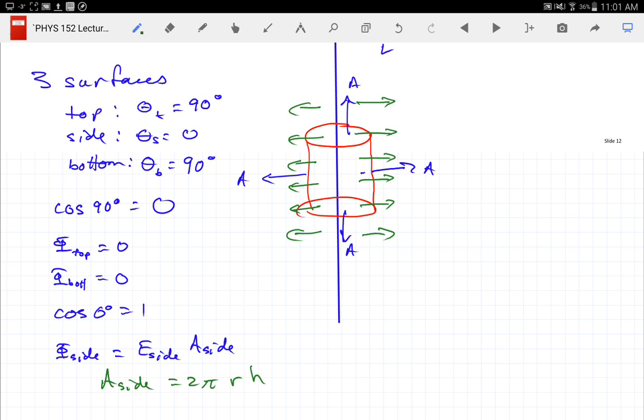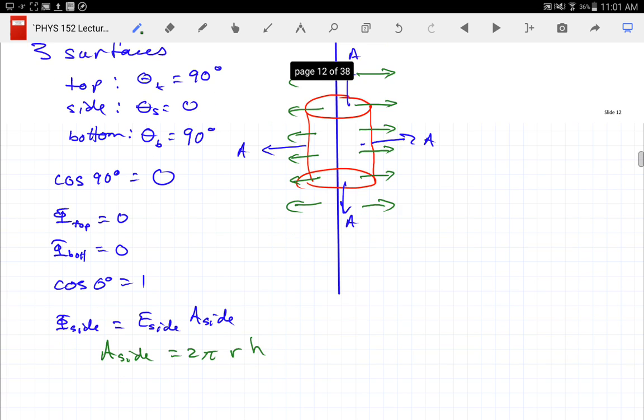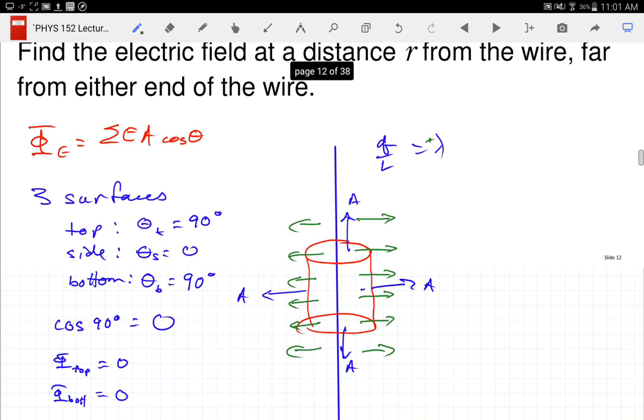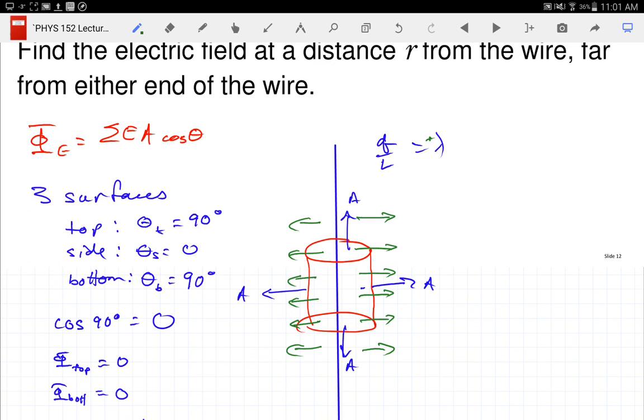So that's the area of the side. The electric field, I don't know. That's what I'm going to try to find. So I'll end up with the left side of my equation. The flux is equal to 0 plus E times 2 pi r h plus 0. Top, side, and bottom. So that's the left side of my equal sign. What's the right side of the equal sign in Gauss's law?